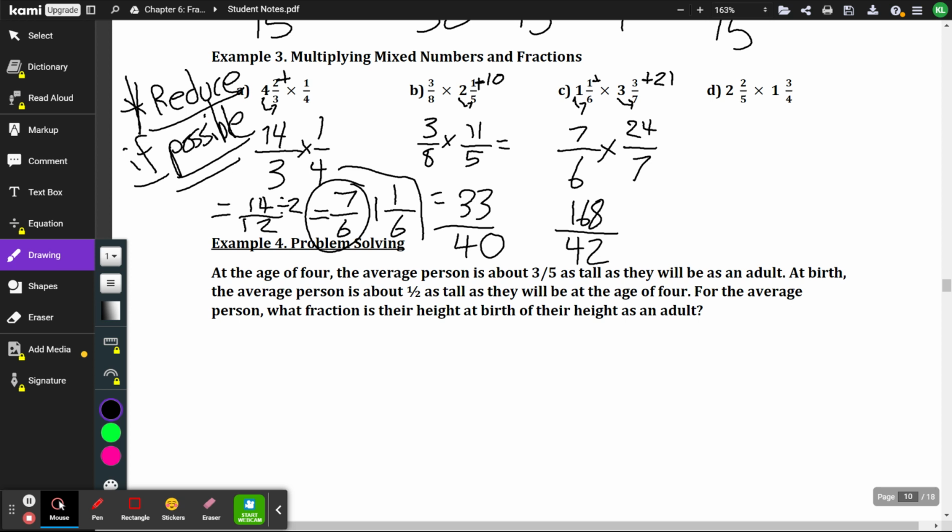They're both even numbers. Or I can look at how many times 42 goes into 168. And it's 4. So this is actually a whole number. 168 divided by 42 equals 4. Final answer. So that's where we need to simplify.